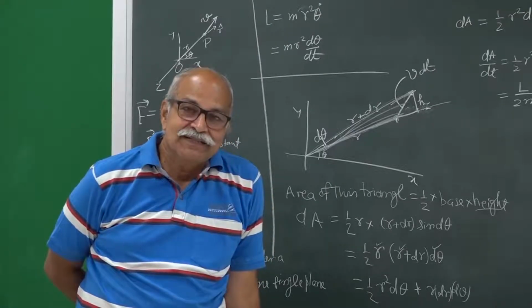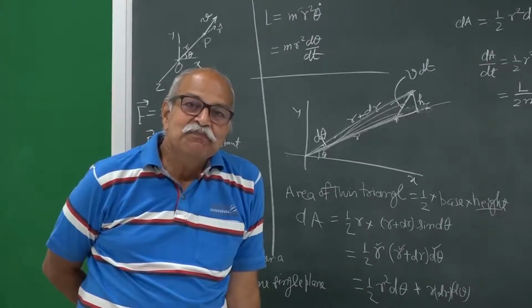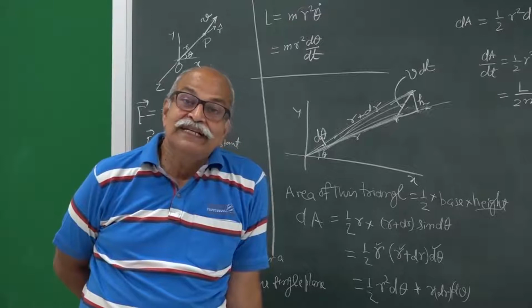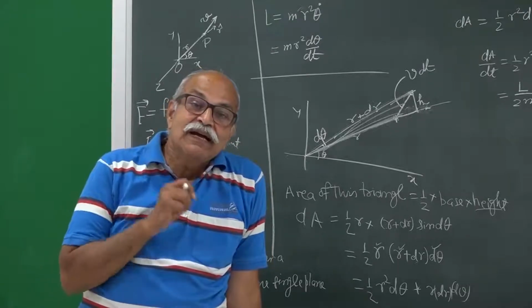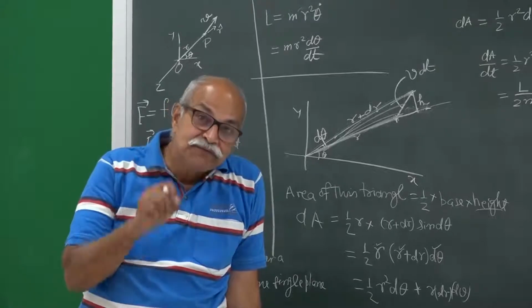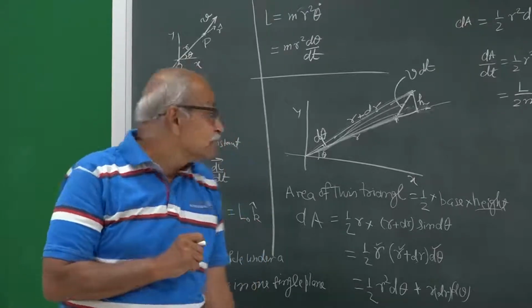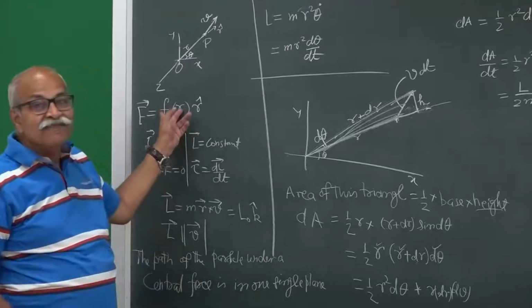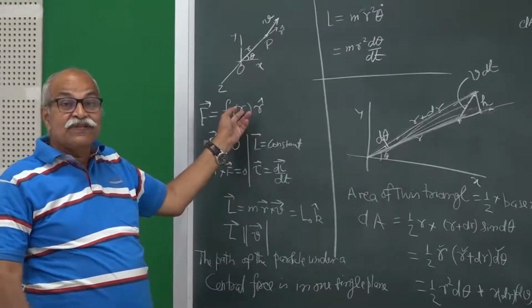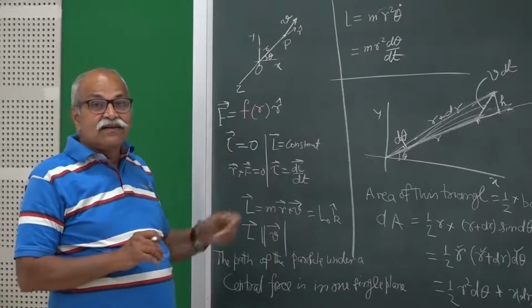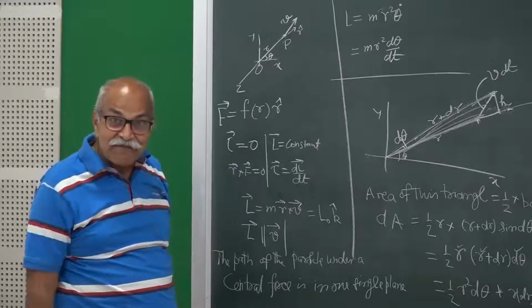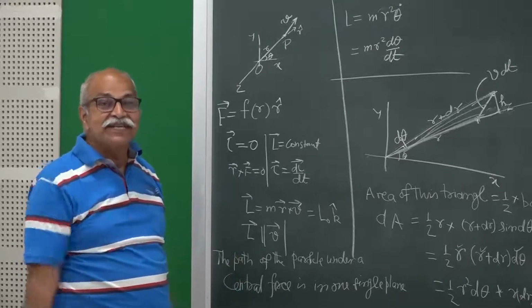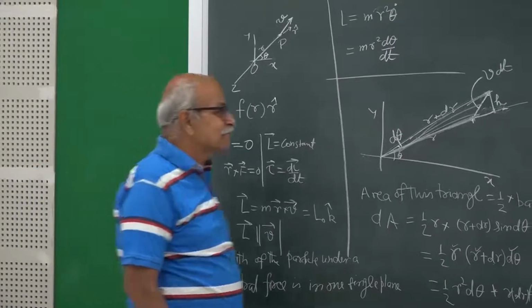L is a constant, so L by 2m is a constant. Whatever be the functional form of the central force f(r), for all central motions this is true. The radius vector sweeps equal area in equal time, because the rate at which this area is swept is constant.